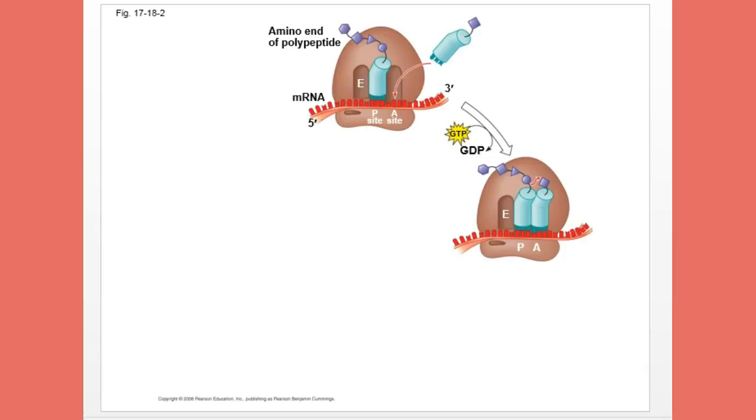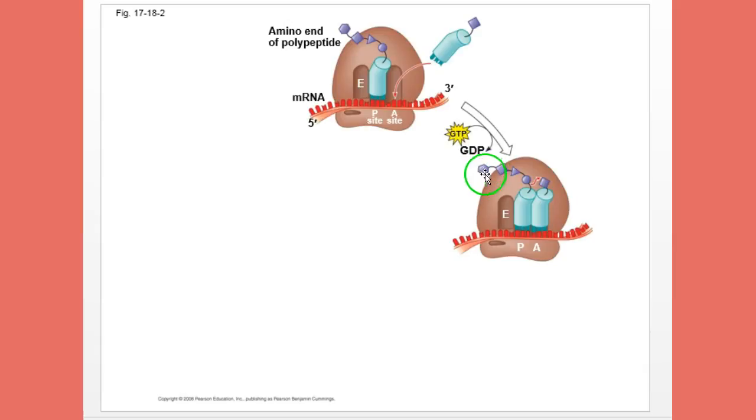Okay, so your P site has your current polypeptide chain. This rRNA molecule catalyzes the release from this tRNA and joins to the amino end of this new amino acid.